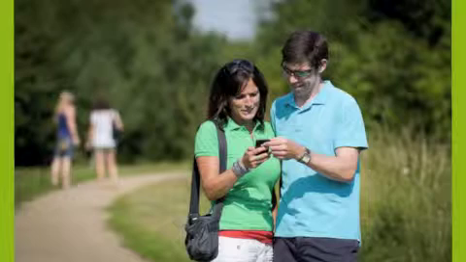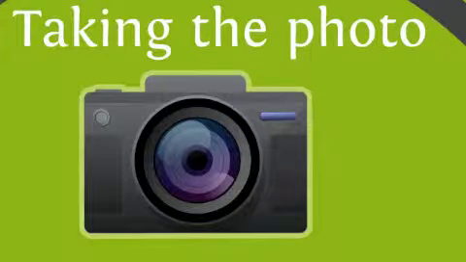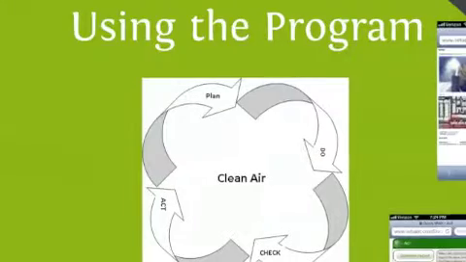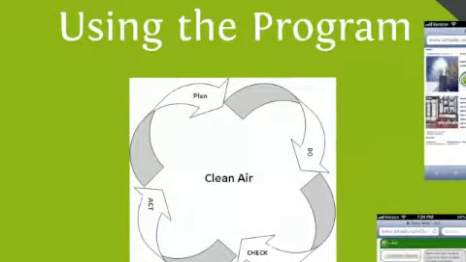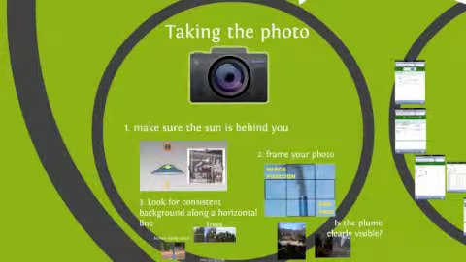Docs Public works in 2 easy steps to capture and measure these smoke sources. Taking your photo, and running through the app. Let's take a look at how to take a photo.